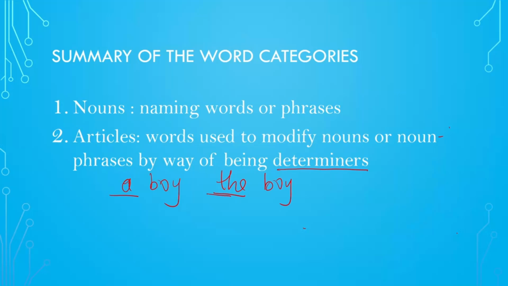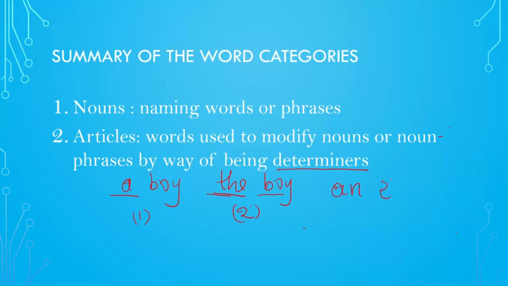The difference between these two is that in case one, we do not know the boy by name or maybe by background. In case two, we know the boy, maybe we even know the name, we even met the boy, so we're talking about a person that we know. Now, in case a noun starts with a vowel sound, we can adopt the third article, which is an.